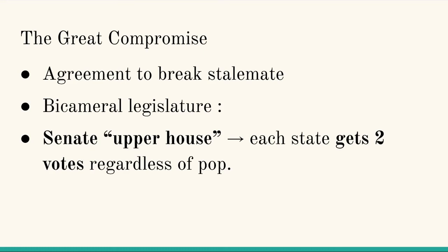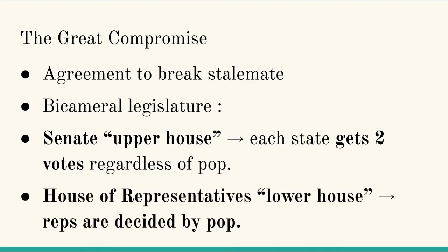The Senate is called the upper house of Congress, and in the Senate, regardless of your state's population, every state gets two votes, all the time. The other house is where those bigger states are going to be a little happier. In the House of Representatives, called the lower house, representatives are decided on population. So if you have a really big population in your state, you're going to get more representatives than a state that doesn't have as large of a population.